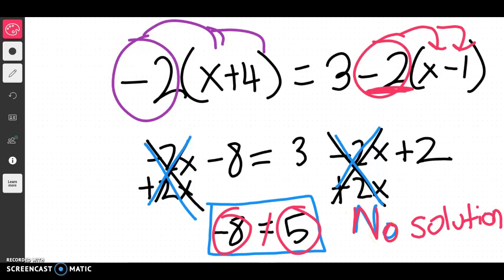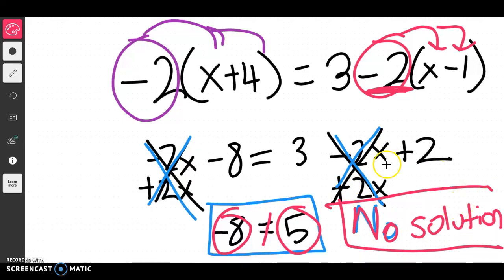It has no answer. So at the end of a problem, if you have two things and they don't equal, you're going to go no solution.